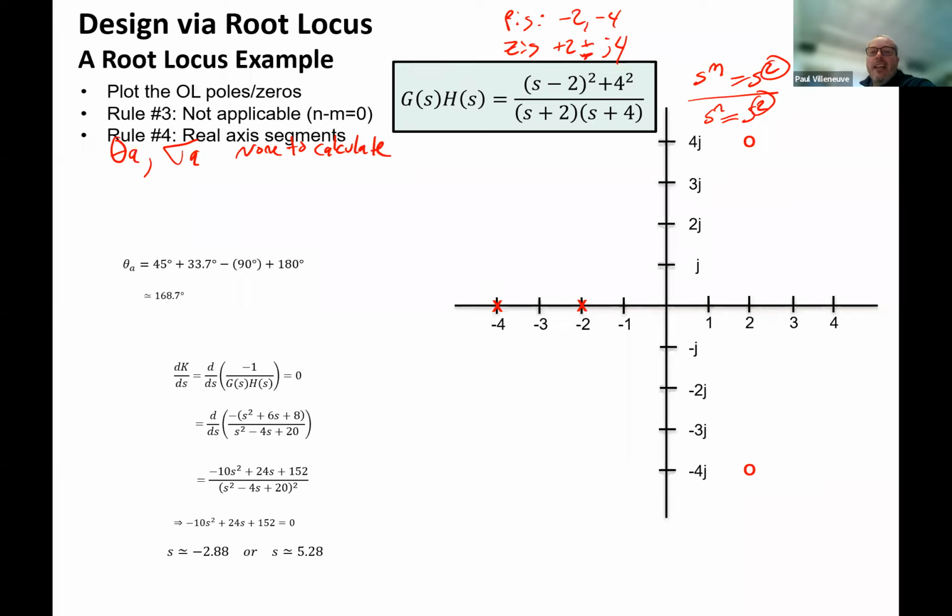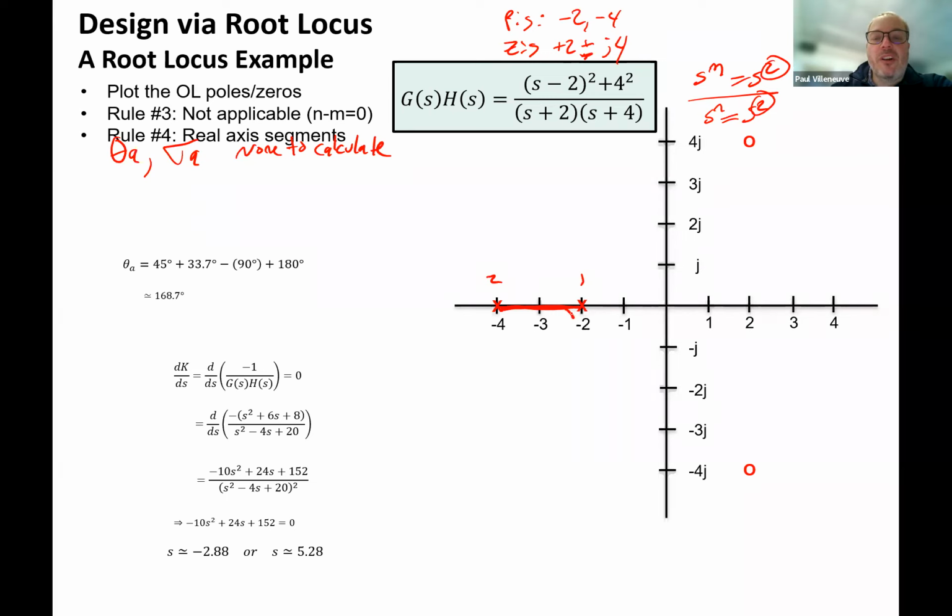Now let's put in our real axis segments. We're going to label from 1, 2, 3, all the way up until we're out of finite poles and zeros. We order them on the real axis from right to left. This is 1, and this is 2. And it only exists between odd and even, right to left. So that's where it lives on the real axis.